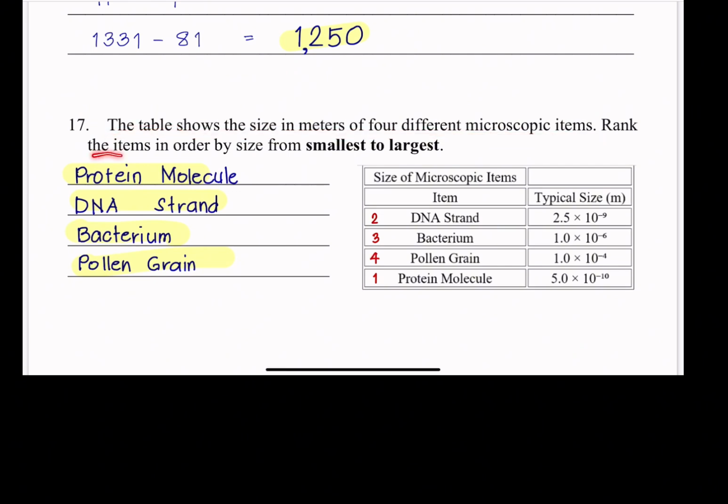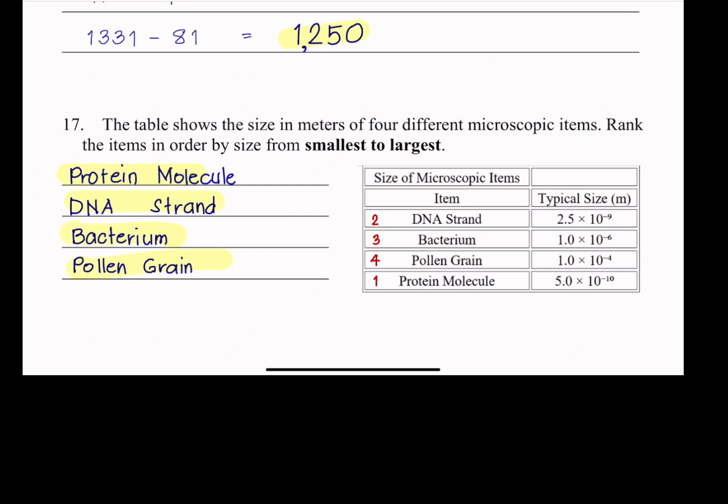Question number 17. The table shows the size in meters of 4 different microscopic items. Rank the items in order by size from smallest to largest, or the least to greatest value. So the smallest value here is the number that has the greater negative number. So we have negative 10 here. Negative 10 is farther from 0 than the other numbers here.